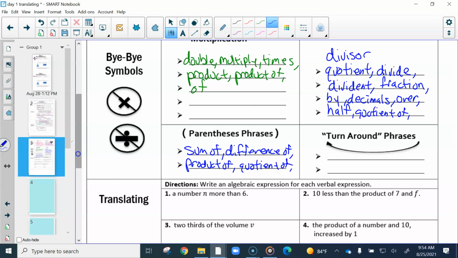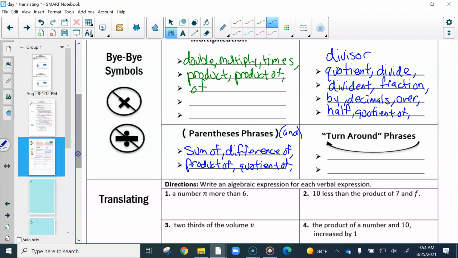So the sum of x and 2, the sum of 2 and x, is saying we're adding those two things together. Wherever you see the "and," that's first and second.